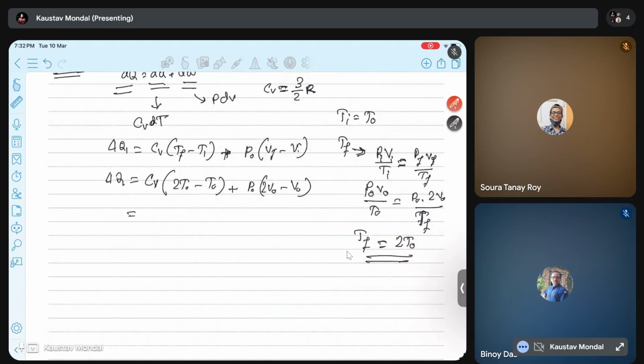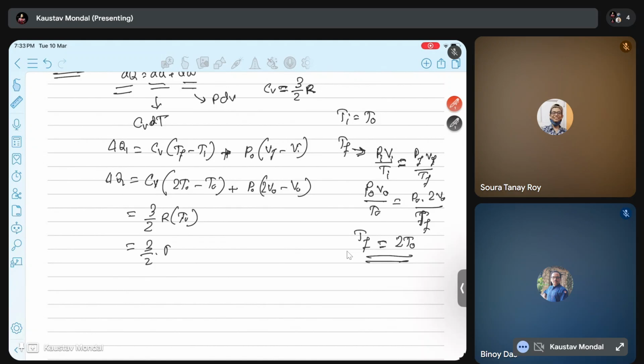Now if you substitute the values here, it will become 3 by 2 R into T0. R into T0 is nothing but P0V0, from the ideal gas equation.